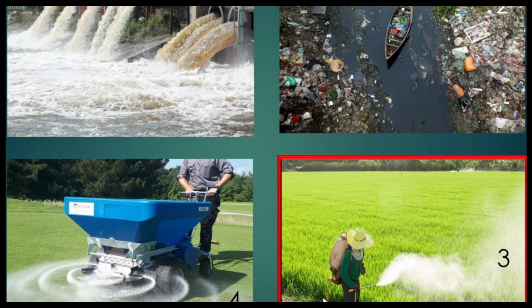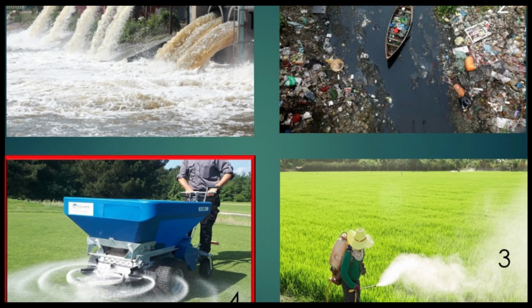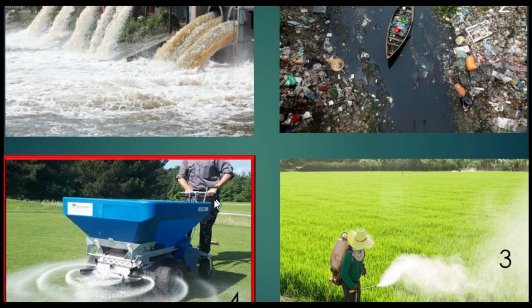Okay, what do we see in the next picture? In the next picture we see a man is spreading fertilizer, chemical fertilizer, with a machine. I have never seen this type of machine beforehand. A man is standing with black pants and an ash color shirt. He is holding the handle of the machine.